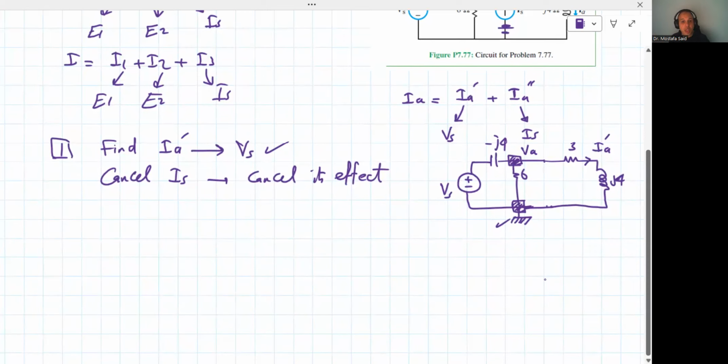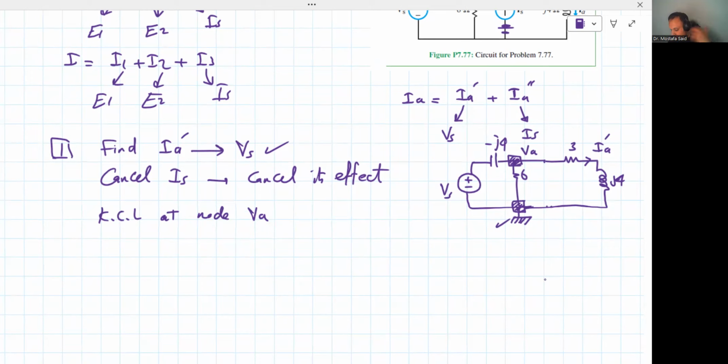Okay. Now we apply the node analysis. So basically we apply the Kirchhoff current law at the node that is remaining, which is VA. So KCL, Kirchhoff current law at the node VA. You can call it by the way anyway. You can call it VP, V only V, whatever. It's okay.